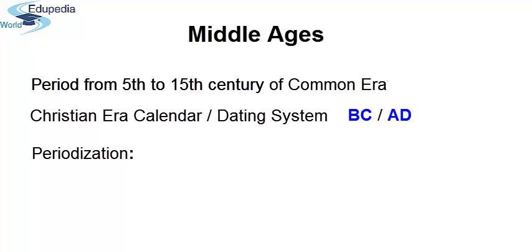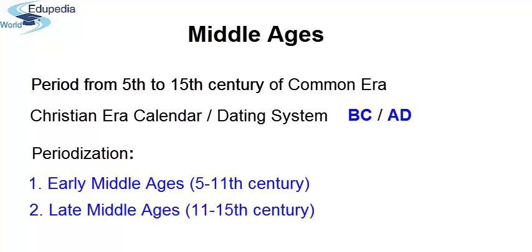The Middle Ages period is usually divided into two sub-periods: the Early Middle Ages from the 5th to the 11th century and the Late Middle Ages from the 11th to the 15th century. Again, this is only a modern invention of chronologists, used for easier learning of history and remembering of events from the past. It is not necessary to use that periodization.